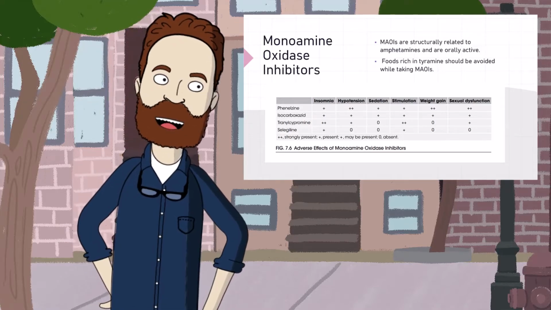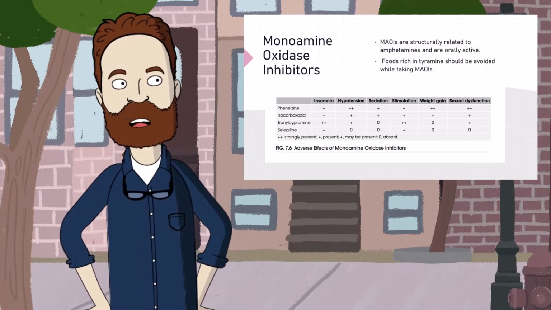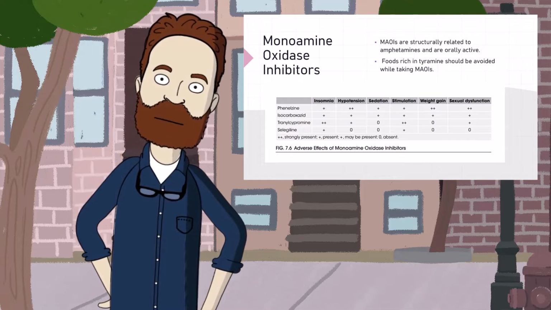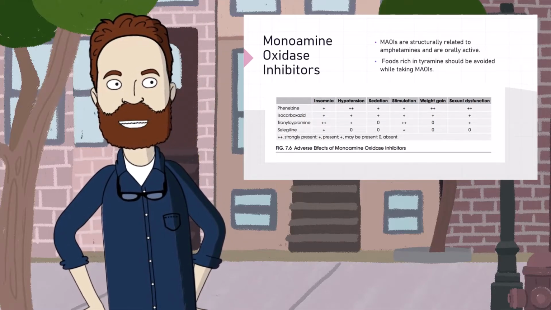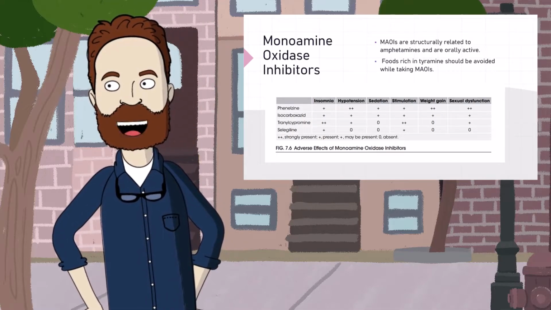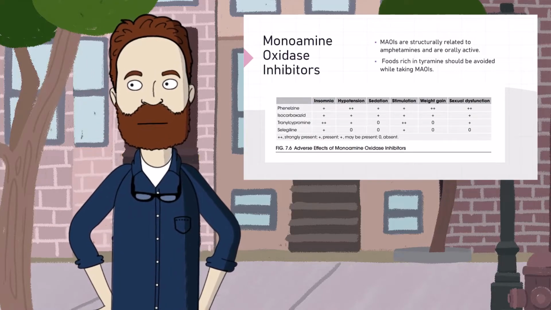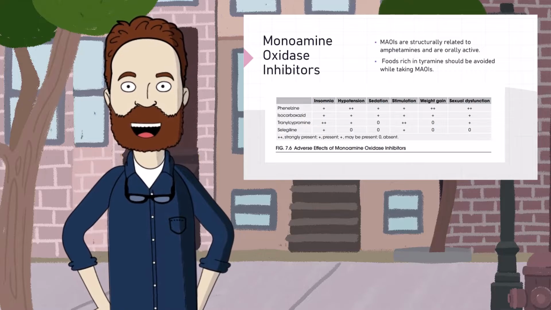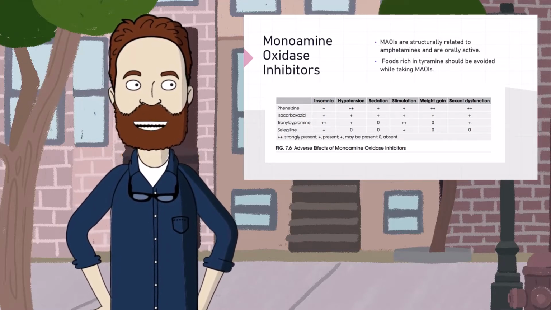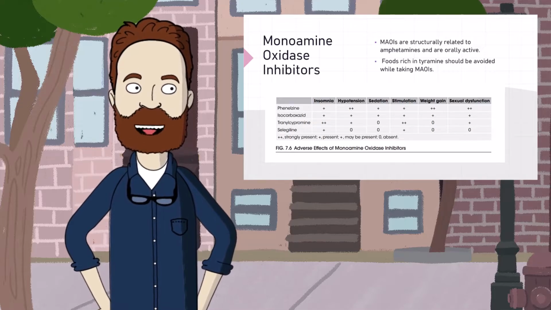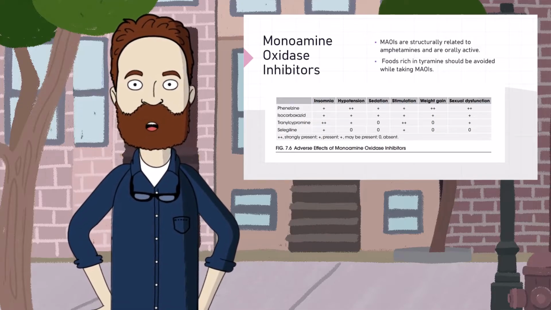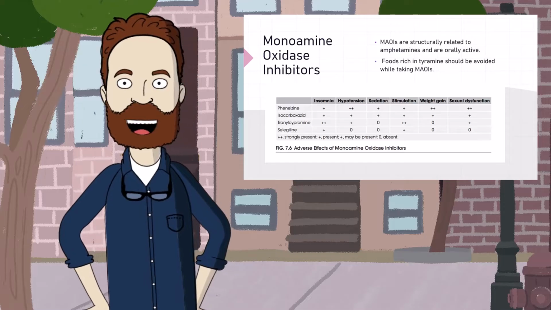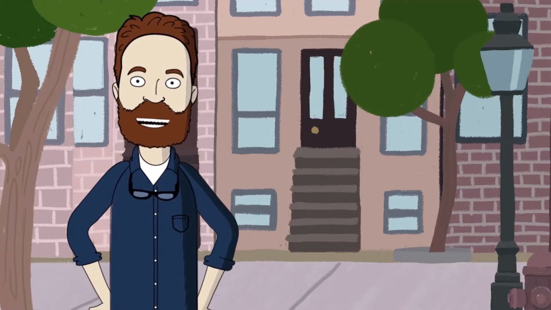If you think back to when I was talking about monoamine oxidase inhibitors, it's because the enzyme monoamine oxidase is needed to break down tyramine. But with an MAOI drug, tyramine cannot be metabolized, which causes a toxic buildup. So what MAOIs do is they block monoamine oxidase, so they inhibit it from breaking tyramine down.